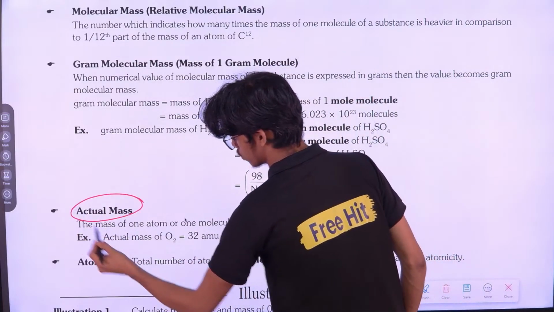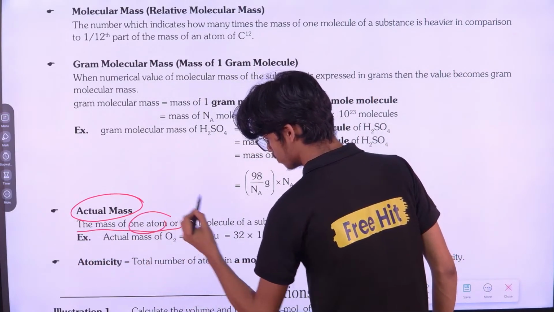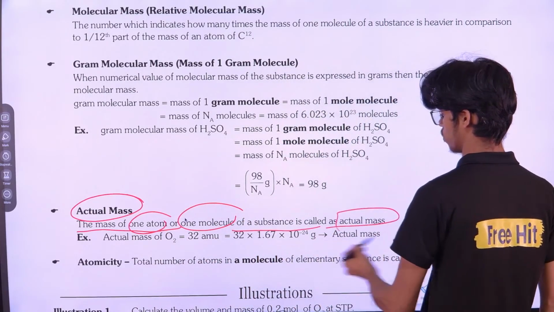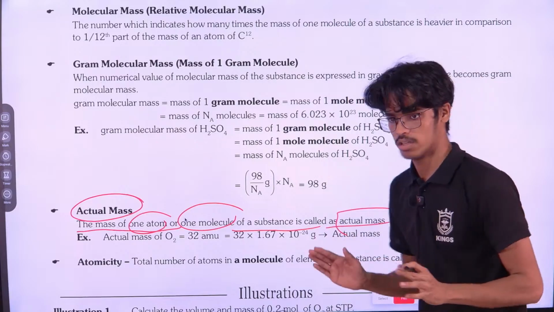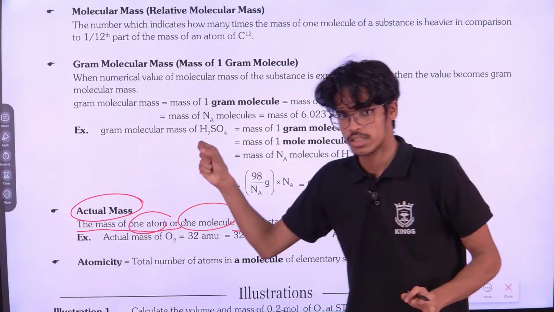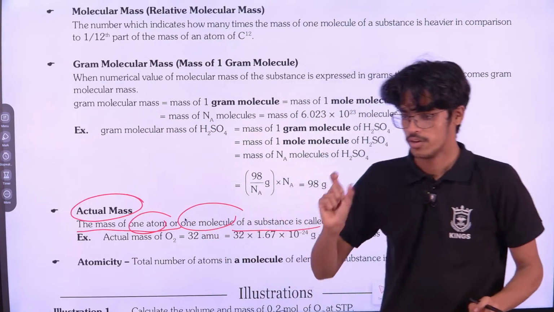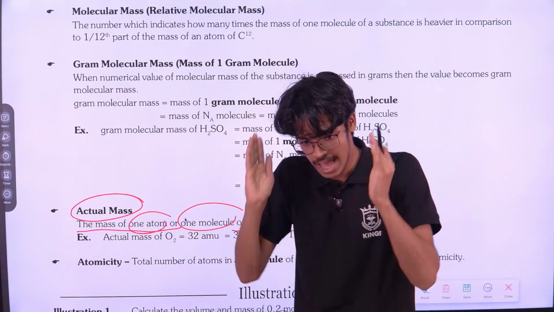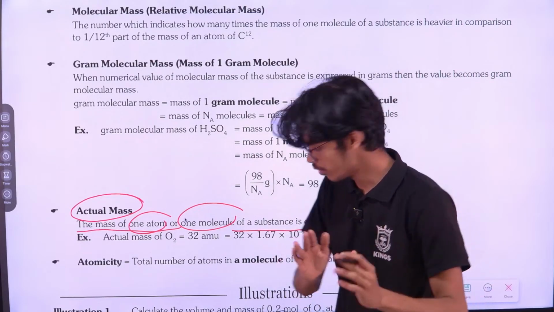So what is actual mass? The mass of one atom or one molecule of a substance is called actual mass. There is no comparison at all. You are not comparing with units like 32U or 4U, 28U. You are getting the actual mass itself. So how do you get actual mass?